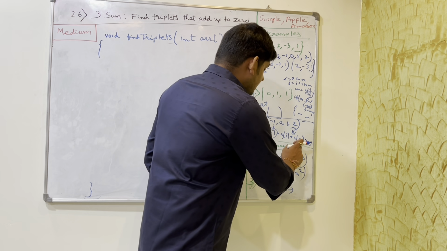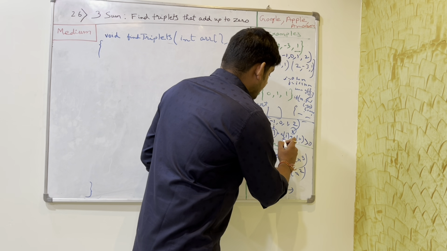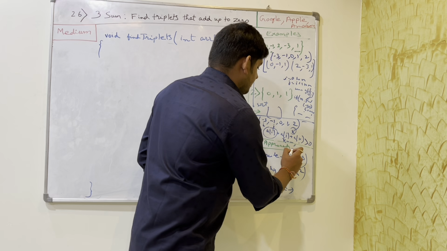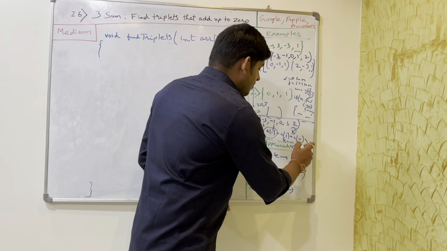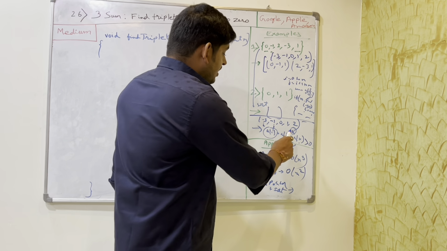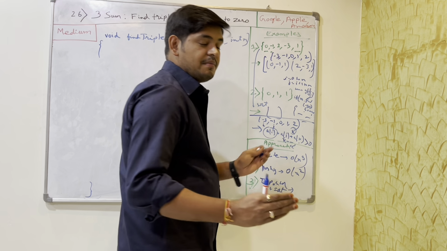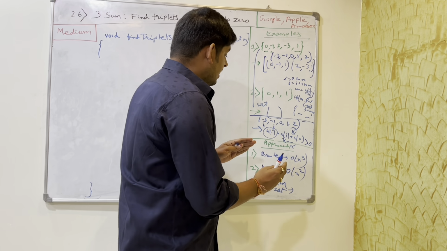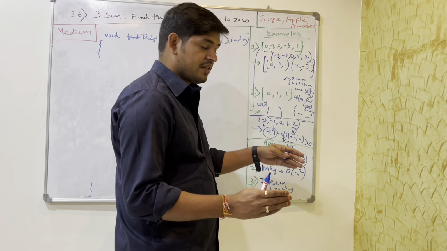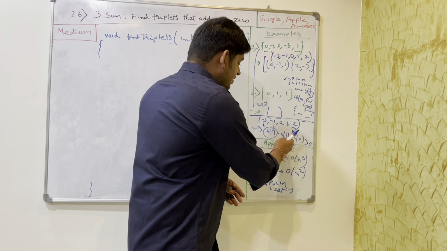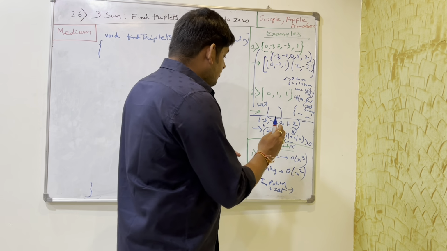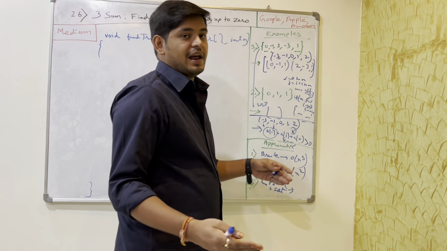So if it is greater, we will do k minus minus. Else if it is smaller, we'll increase j, then only it can become 0. We will have a condition that j should always be less than k, and we'll be using this 2 pointer technique. And if the sum is equal to 0, we'll have the triplet.